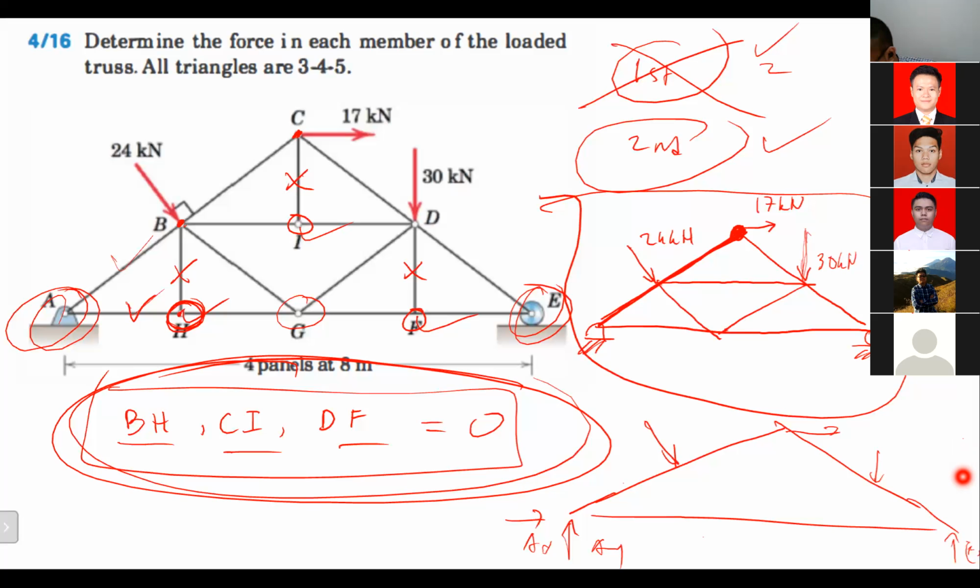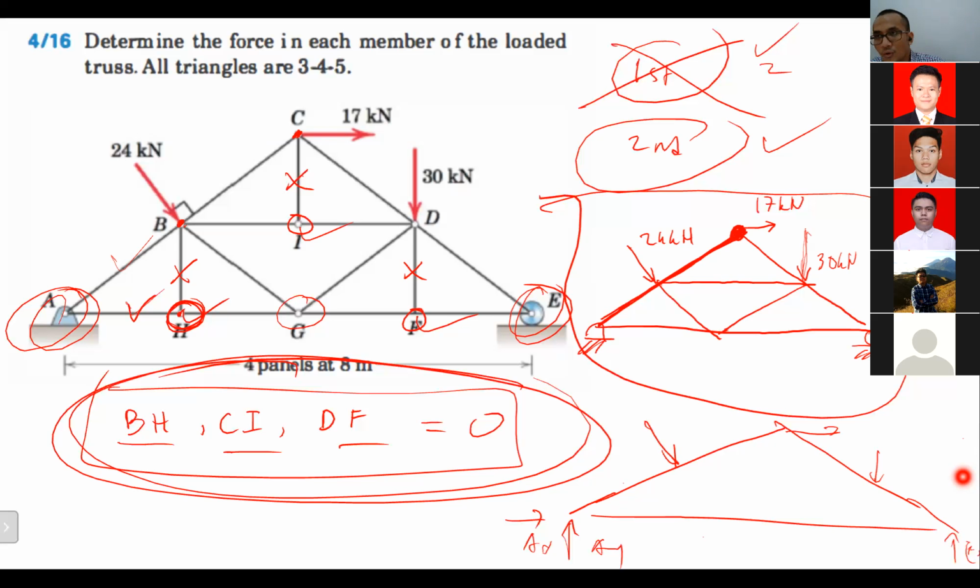Yeah, but after that, still we have a problem. So, like it or not, we have to solve for AX, AY, and EY. Basically, in a joint method, we have to try to find the joint where only have two unknowns.